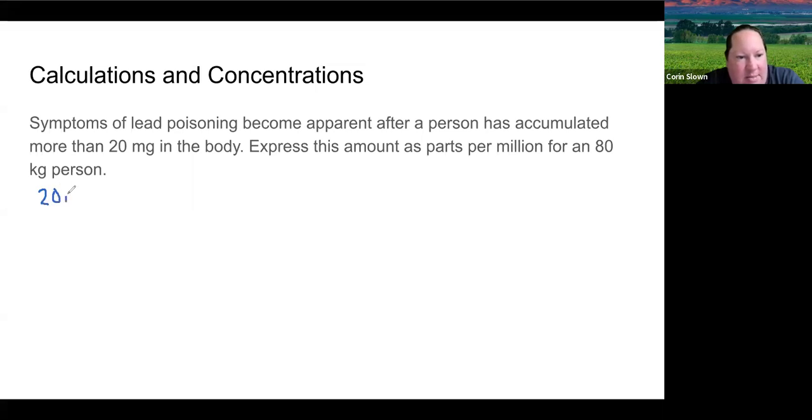While milligrams is probably appropriate for the amount that's there, I need to convert this to grams for comparison. So that's the same thing as saying 20 milligrams. Remember, there are 1,000 milligrams in 1 gram. So I could say that that's 2.0 times 10. What should my exponent here be?